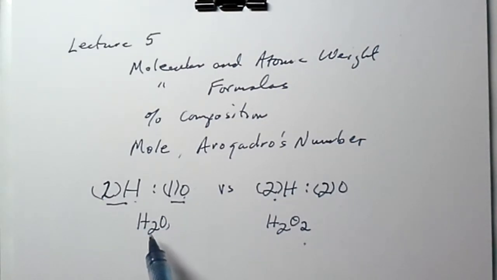Compounds tend to be different atoms in combination, and these will be referred to as molecules. Compounds can consist of more than two elements in a varying combination. So we're going to look at a few examples of this.